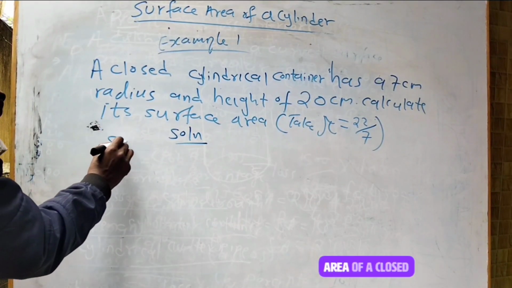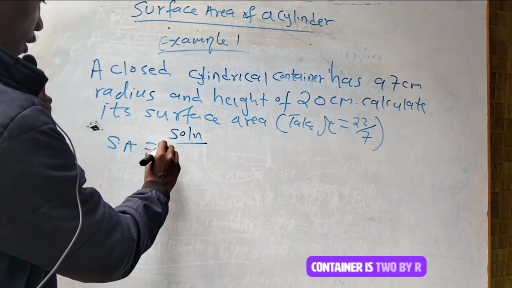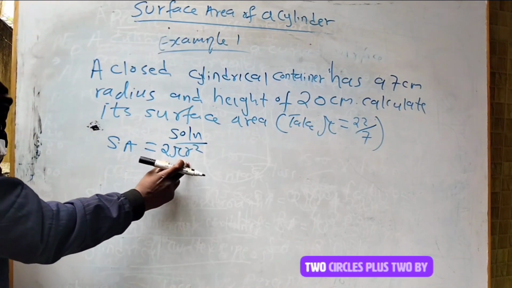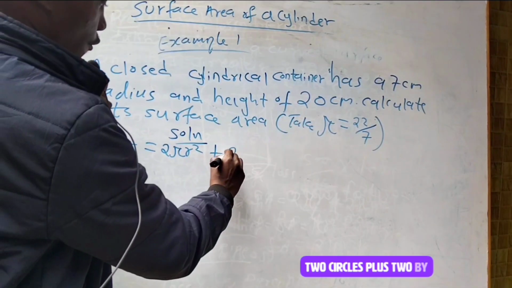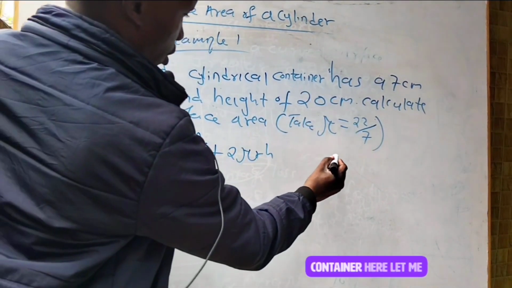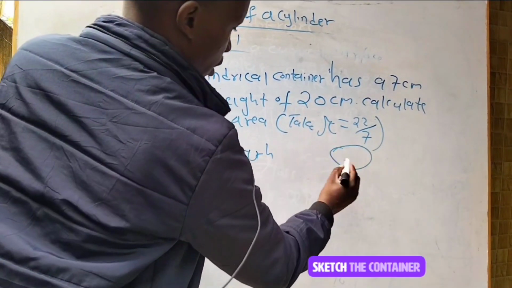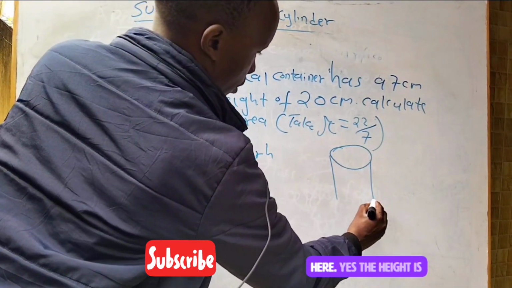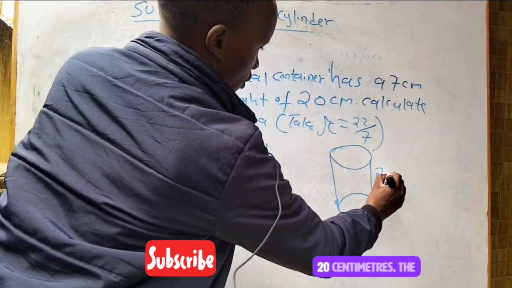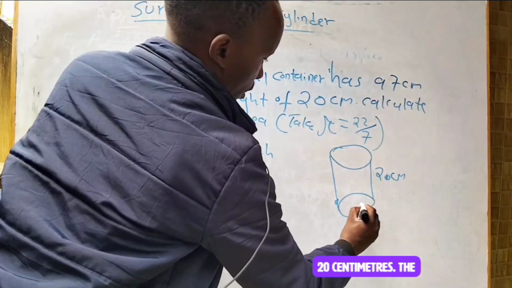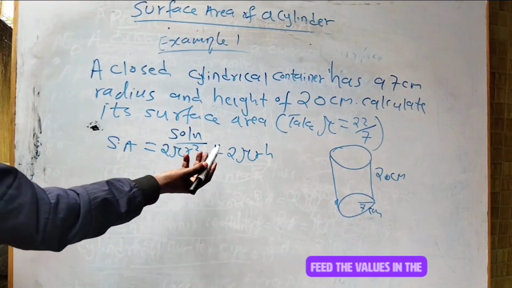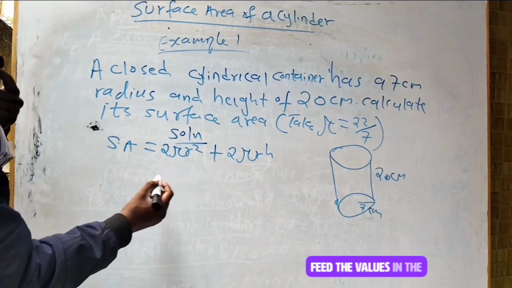The surface area of a closed container is 2 pi r squared, because of the two circles, plus 2 pi rh. Let me sketch the container here. The height is 20 centimeters, the radius is 7 centimeters.